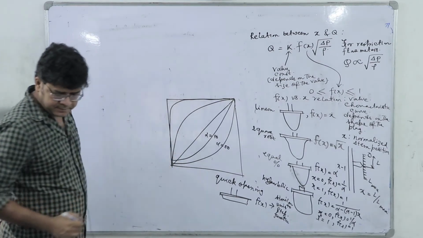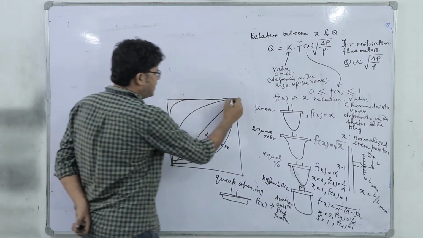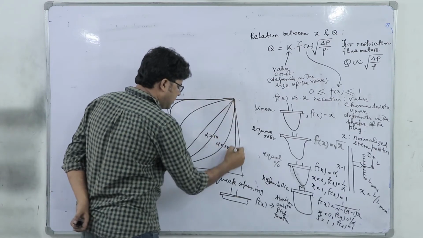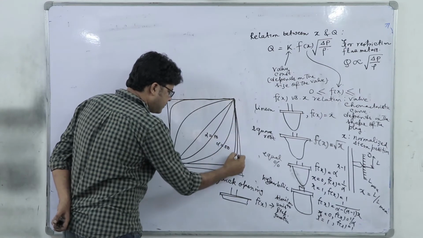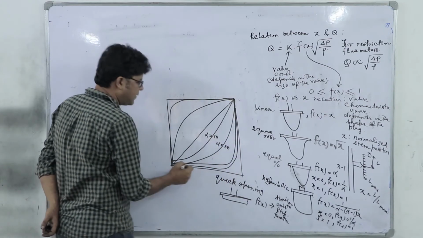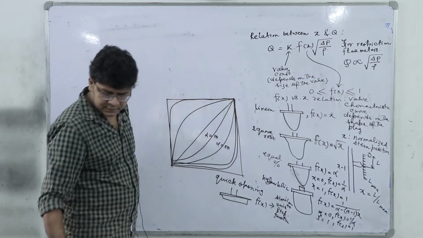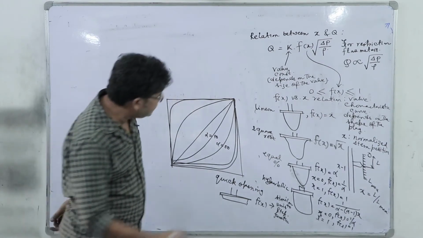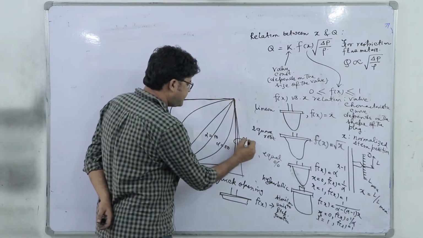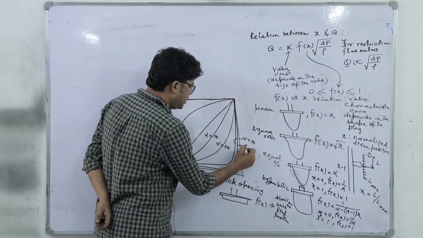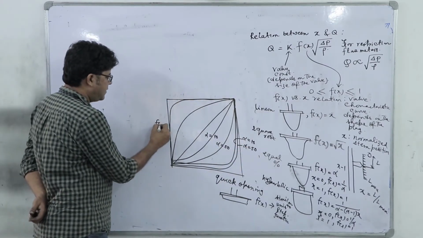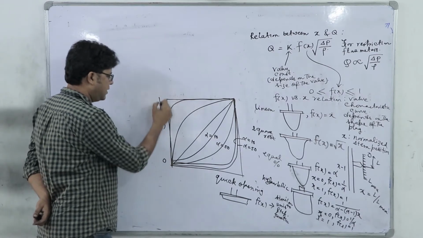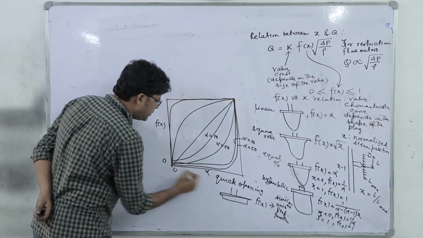On the other hand, the hyperbolic is something like this for different values of alpha. Maybe for the first case alpha equal to 10, here alpha equal to 50. So that's f(x) between 0 and 1, and here it is x between 0 and 1.